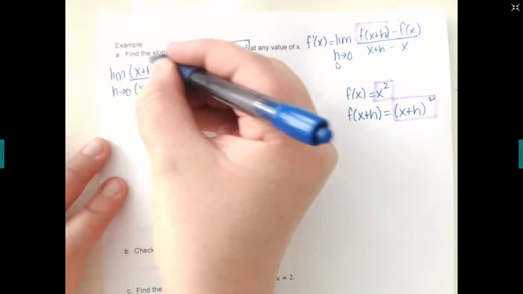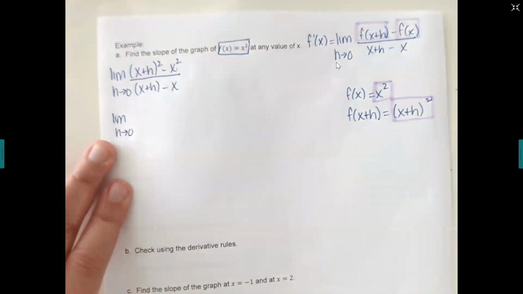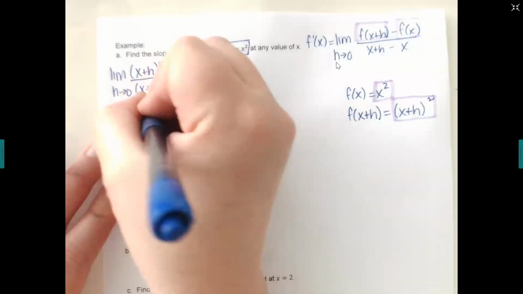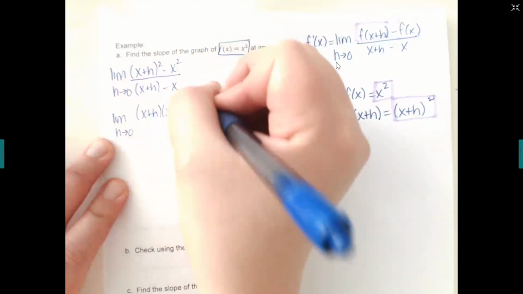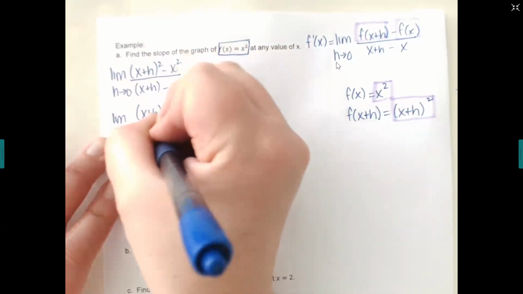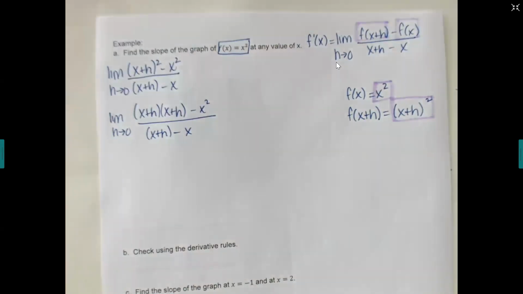If this is x plus h squared, that means that we can write it as a multiplication. We can write it as x plus h multiplied by itself. And I love teaching this concept because it brings back so much of the old algebra.